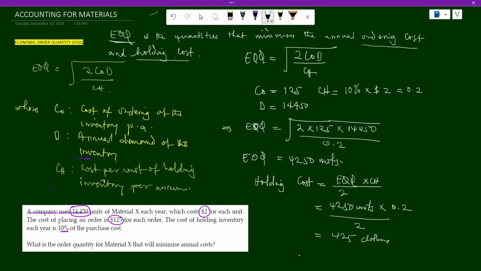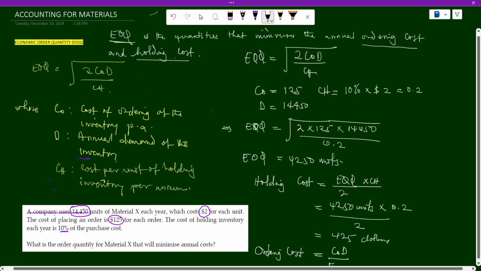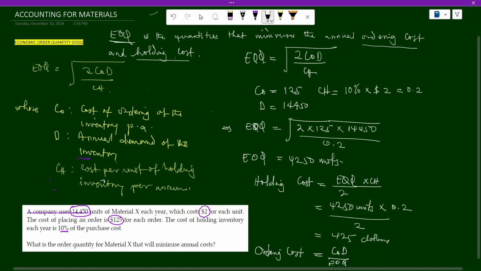Okay, then let's look at the ordering cost. So the ordering cost will give us the cost of ordering multiplied by the annual demand divided by the economic order quantity.